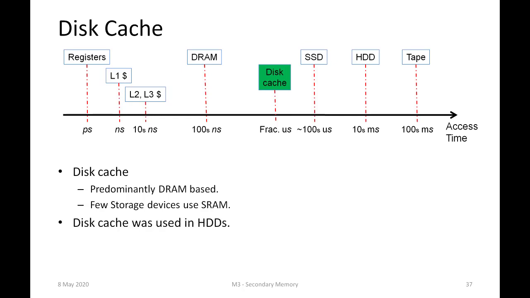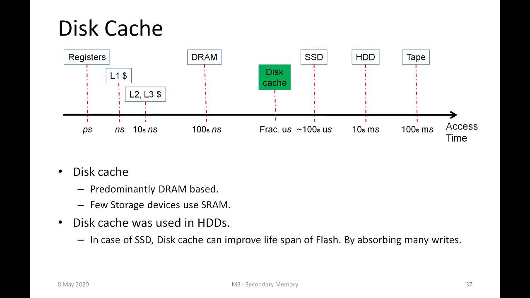That was the reason disk cache was earlier deployed in magnetic disks, because the speed disparity was quite high. Now we are using disk cache even for SSD based storage too. There are a couple of reasons for it. The first one is the latency benefit.